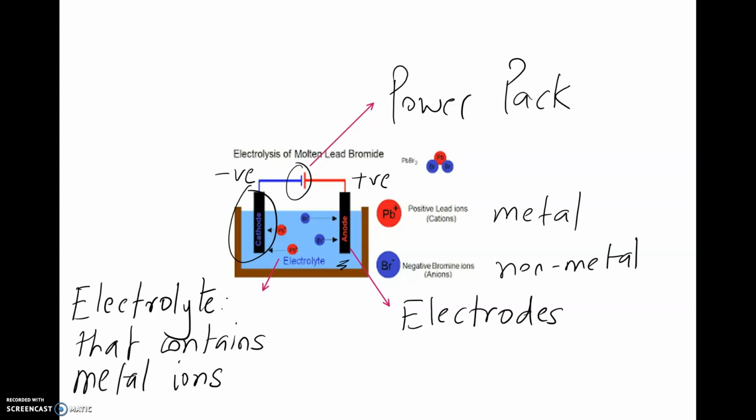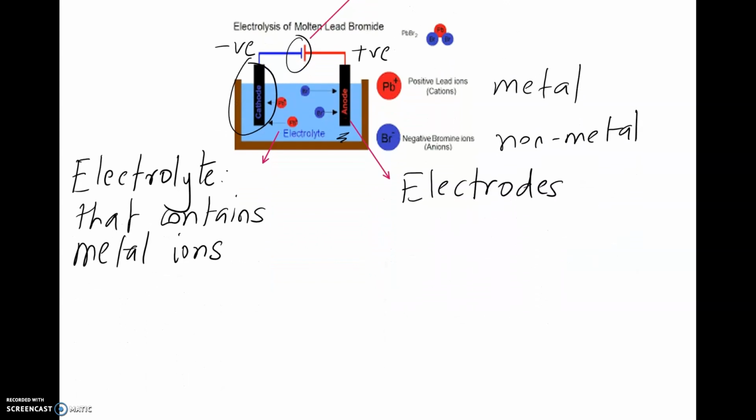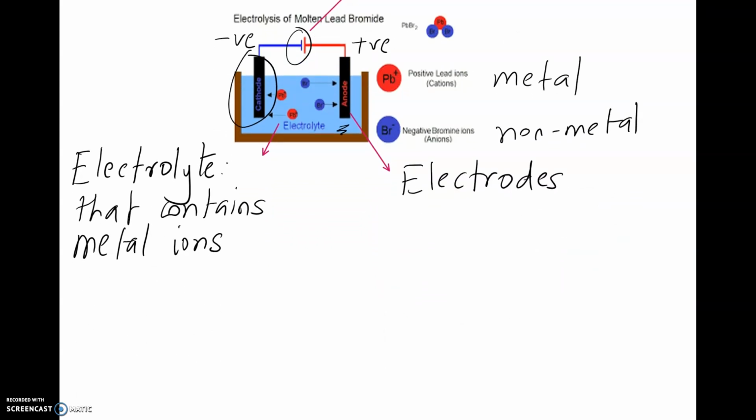So when this is happening, what actually is happening in the beaker? If we move this diagram slightly, within the beaker we have PbBr2, which is lead bromide, and if I look at the individual electrodes, the Pb is what we want to create.